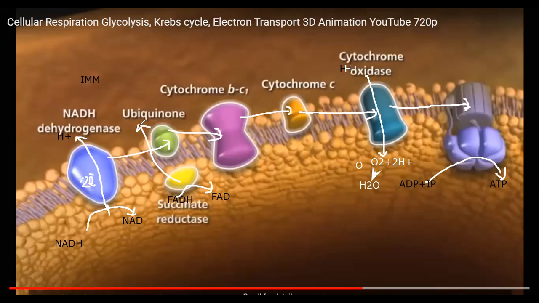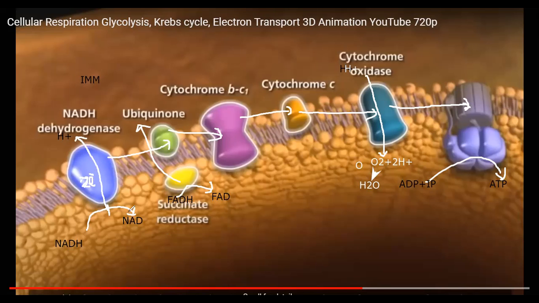That is ubiquinone is one and cytochrome C is the other. So ubiquinone will be carrying the electrons which were released during the oxidation of NADH and FADH, and transferring them to cytochrome BC1. That is the third enzyme complex, right?